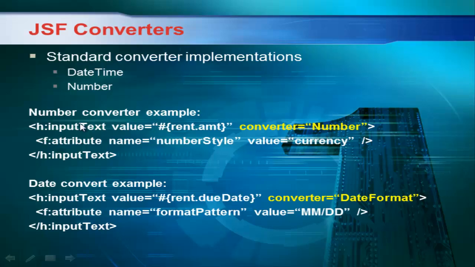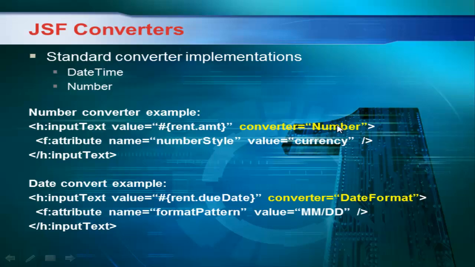So I say that whatever value is typed here, for example, the value you can notice over here, I'm trying to get the amount in the text box. So I want it to be converted into number. When the text box is shown, whatever you type is a text, but I want it to be converted into a number. So I say that you have to use a converter called number.